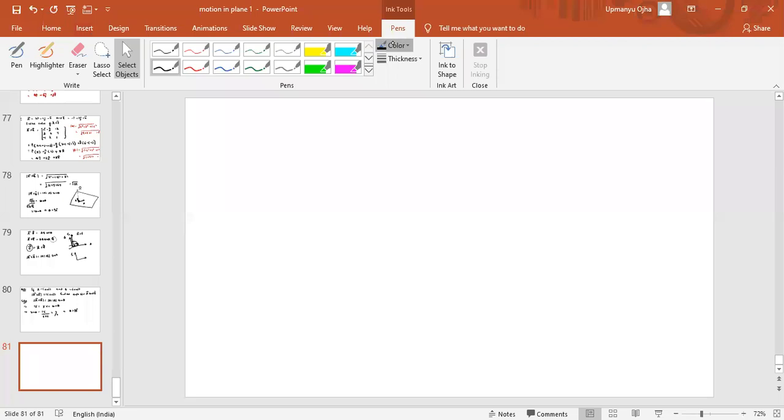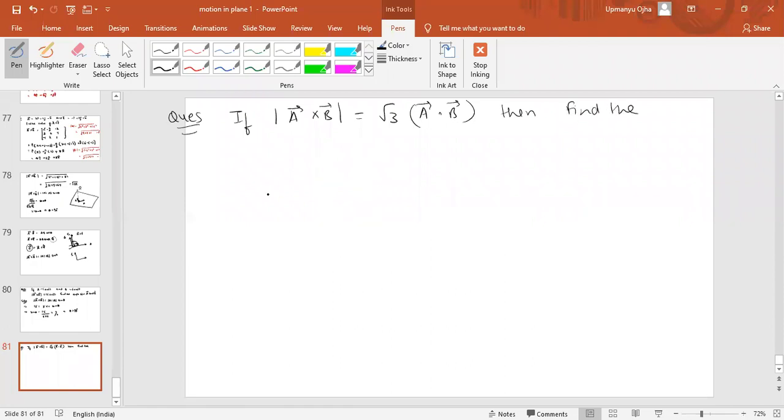They have asked you this problem, that if mod of A cross B is equal to root 3 A dot B, then find the value of mod of A plus B vector.